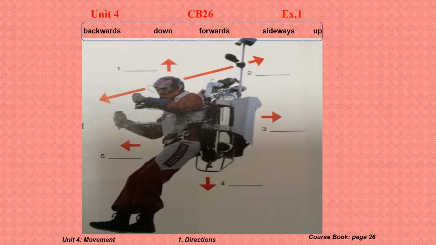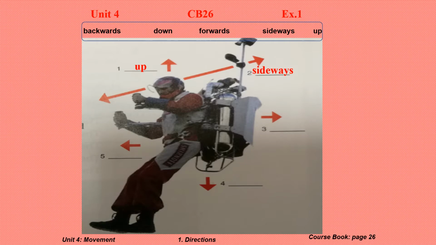Okay, now let's check the answers together. Number 1, what is the direction? It's up, up. Very good. Number 2, excellent. It's sideways, sideways. It means to the right, to the left, backward, forward, and so on.